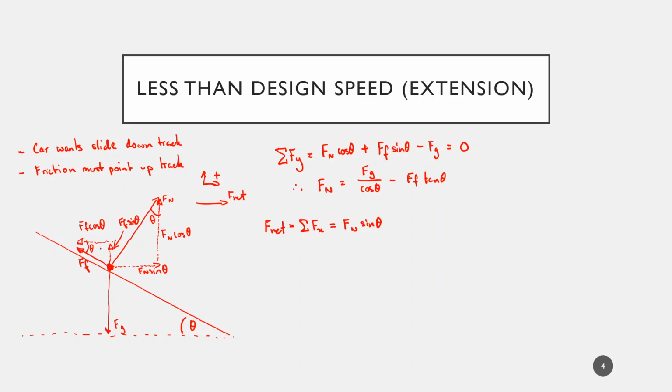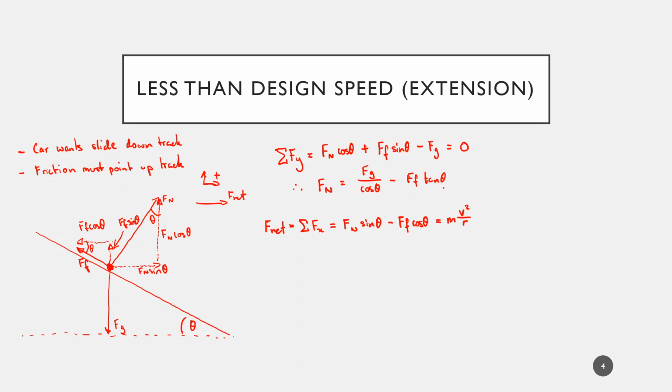And I've got to subtract this component of friction, because that's pointing in the negative direction, Ff cos theta. And what do I know my net force equals? If an object is in circular motion, my net force is equal to mv squared on r. Cool. Now we do what we did before.